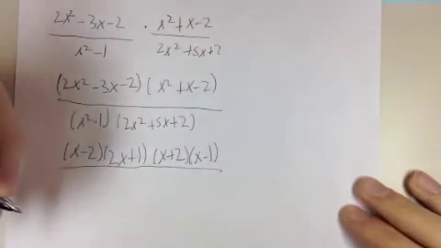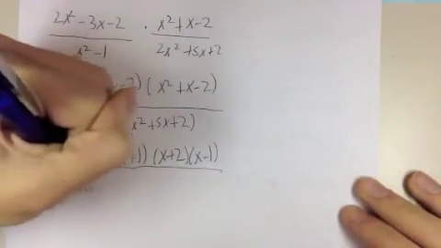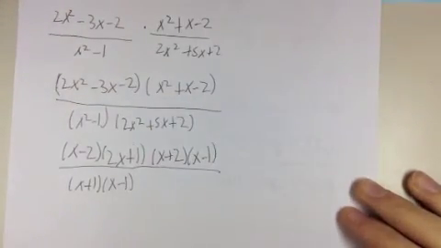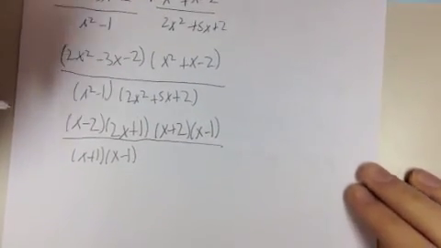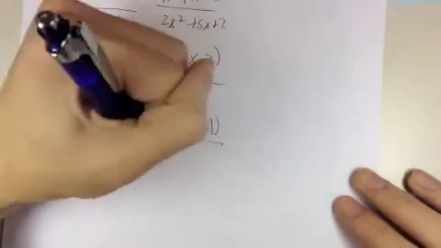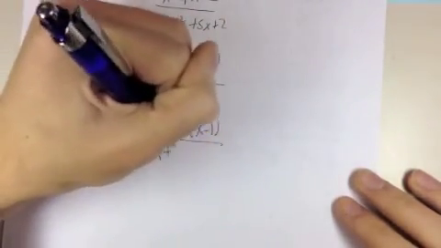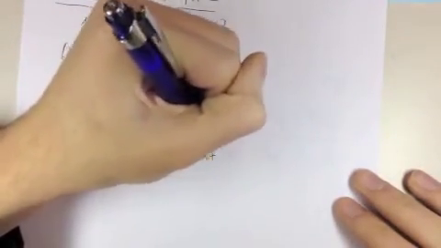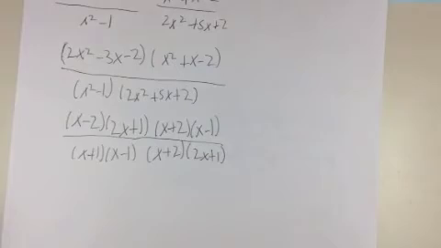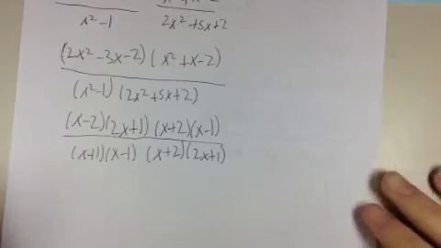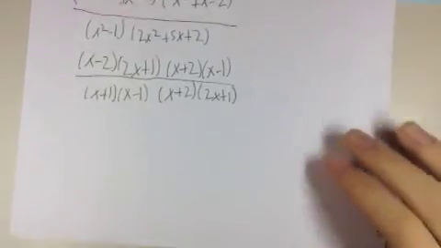And x squared minus 1, that's going to be x plus 1 and x minus 1. And then the 2x squared plus 5x plus 2, that's going to be x plus 2 and 2x plus 1. And if you need to pause the video for a second to look over each of those factorizations, feel free to do so. I went over those pretty quick.